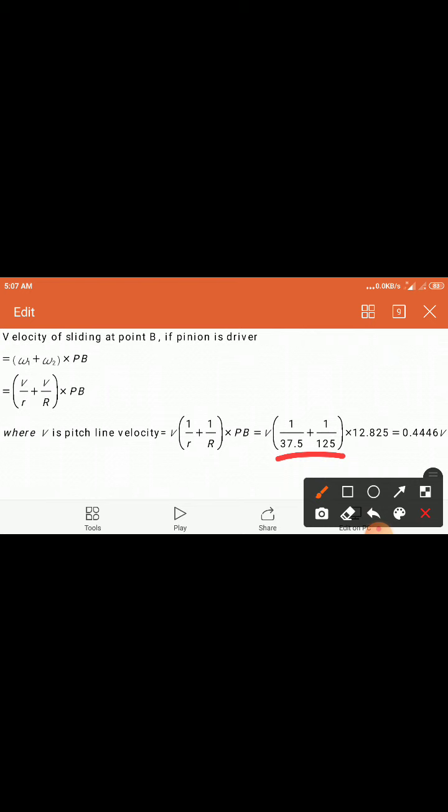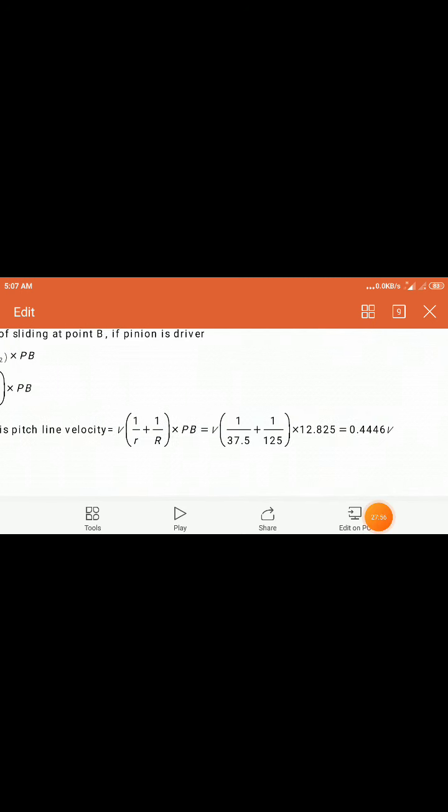Now we put these values: R is known to you, capital R is known to you, PB is known to you. Putting all these values in this equation, we find the velocity of sliding in terms of pitch line velocity as 0.446 V.